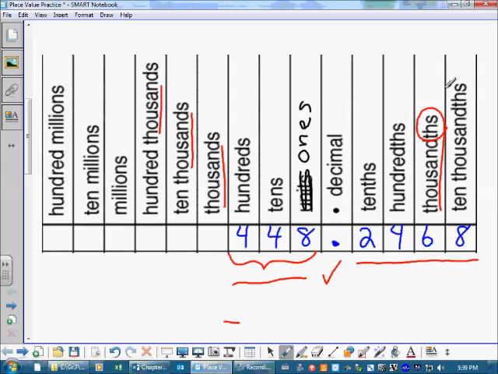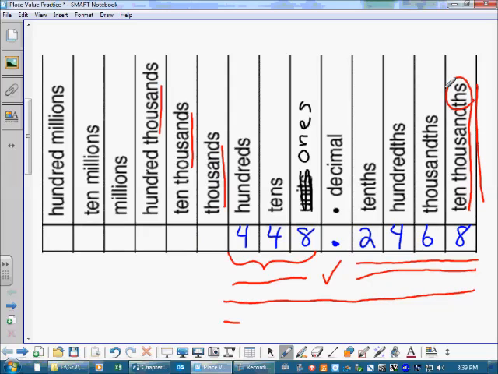That is 2,468. Whoops, forgot to erase this part. Sorry about that. So let's look. 2,468, and then we end up in the 10,000ths position. So we would read this as 448 and 2,468 10,000ths. Okay, so hopefully some of this is making some sense.